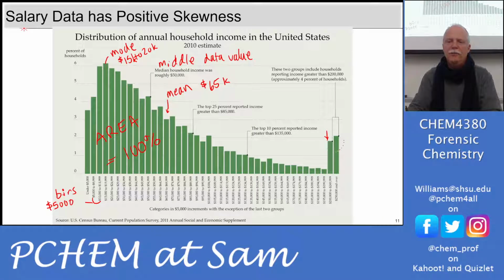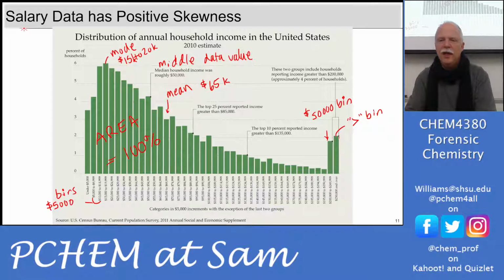They'll put some big bins at the top with really skewed data and lump all of those greater thans into those bins. And so it looks strange, but that's because the bin size has changed. This is a $50,000 bin. Okay. And this is a greater than bin. So greater than 250,000. So those add up about 2% each. So 4% of households have an income greater than 200,000 in this time frame.